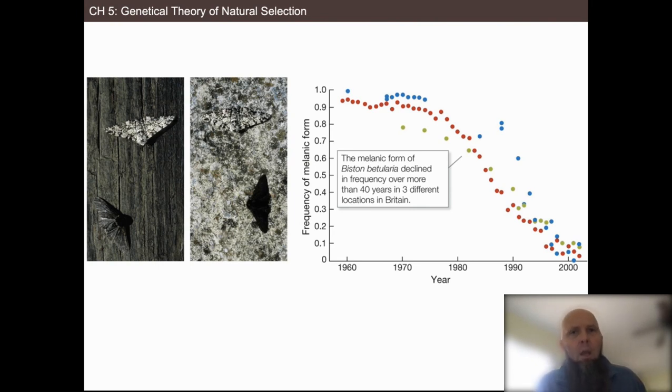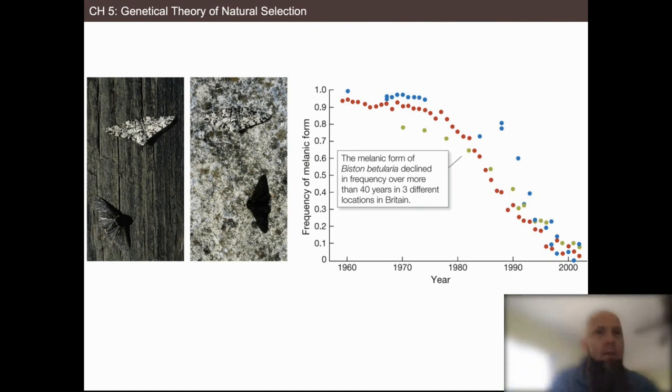Okay. So this example is one drawn from post-industrial England. And when the Industrial Revolution hit England, particularly in very highly populated areas like London, the soot, the smoke output was pretty significant.